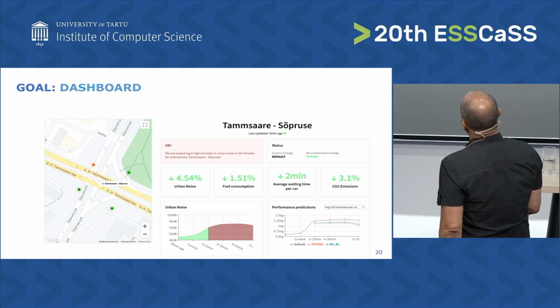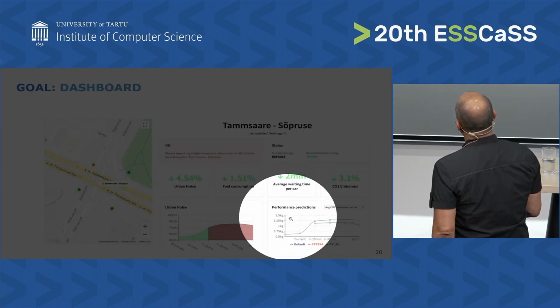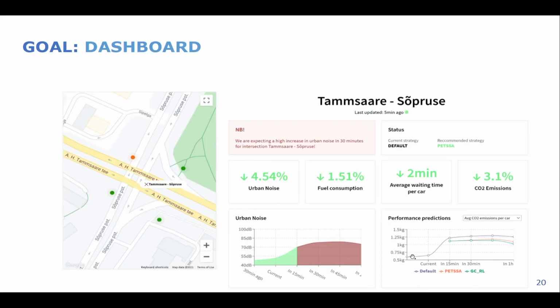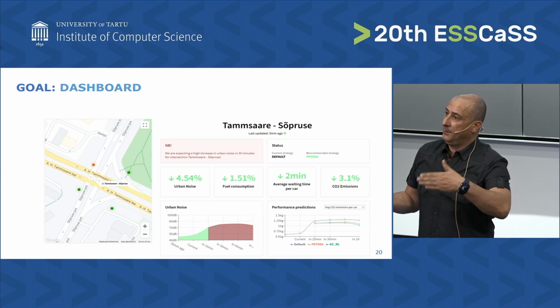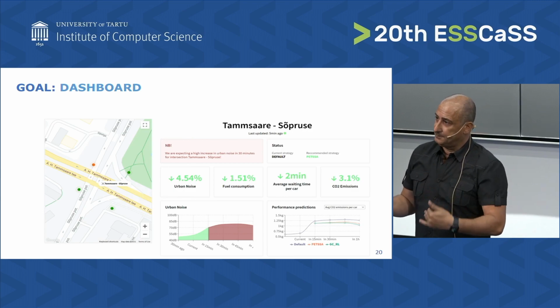Then in this dashboard, we are providing also this performance prediction. So the idea is that we would like to provide what we call a digital twin. Digital twin, what would be the impact of changing the strategy of traffic light?